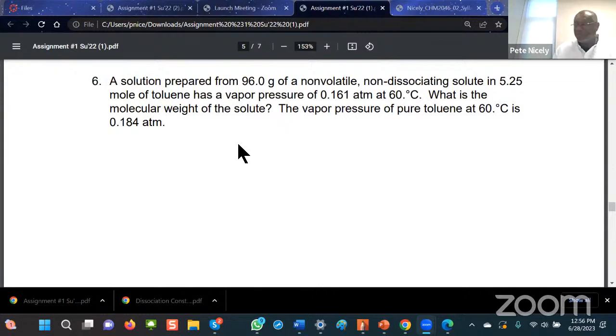All right. So the first thing I would do to solve this problem is try to find the mole fraction of the solvent in the solution.